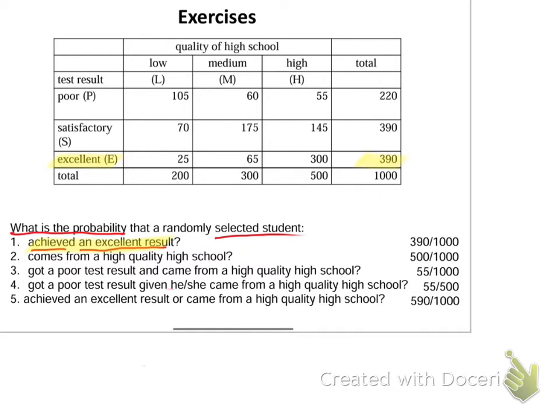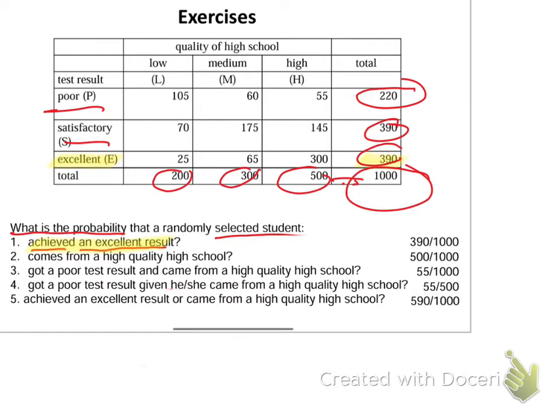The overall number of students, in the low, medium or high school, is 1000. If you take them grade wise, I have 220 scored poor, 390 satisfactory, 390 excellent, so the total is also 1000.